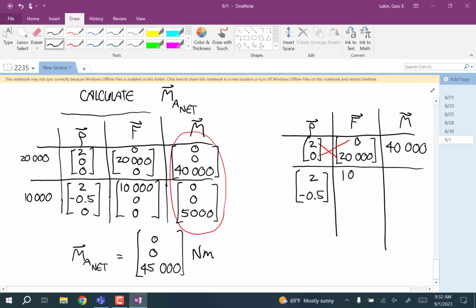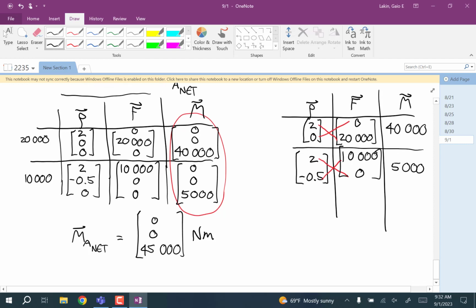The force vector is 10,000, 0. Cross product is this minus this. You get 5,000. All you have to do then is remember that what you have here are z components. So it conveys the same amount of information with a little less writing. Just don't forget what that means.